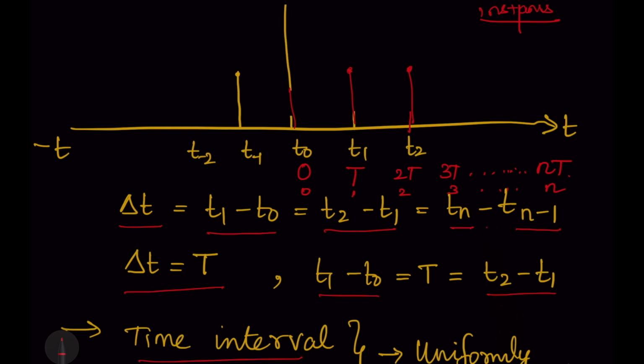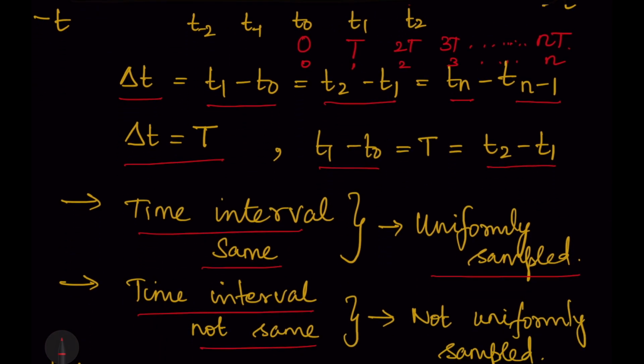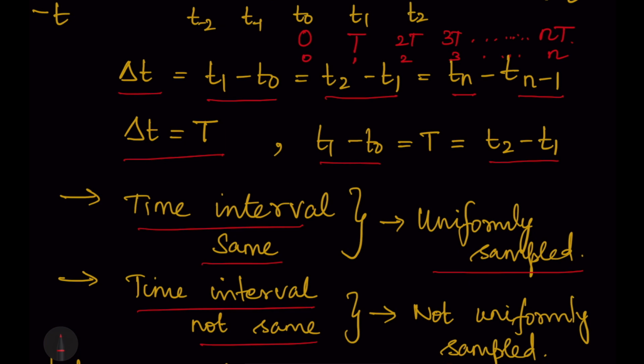So if I take the time interval as capital T, time period, then T1 minus T0 is equal to capital T, that is equal to T2 minus T1. So to be very simple and crisp, if the time interval is same, the signal is said to be uniformly sampled, and if the time interval is not same, it is not uniformly sampled.